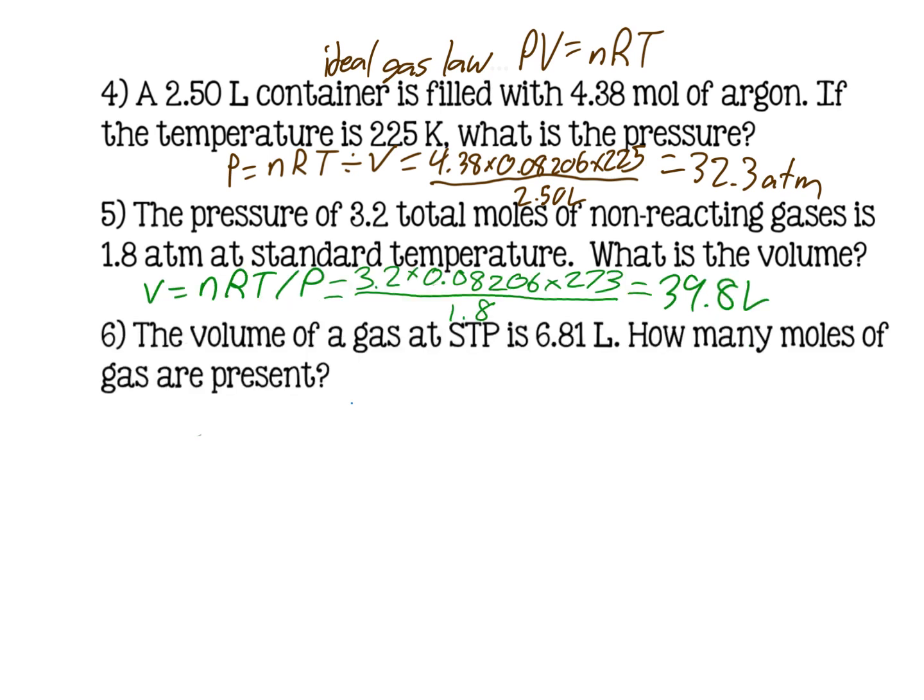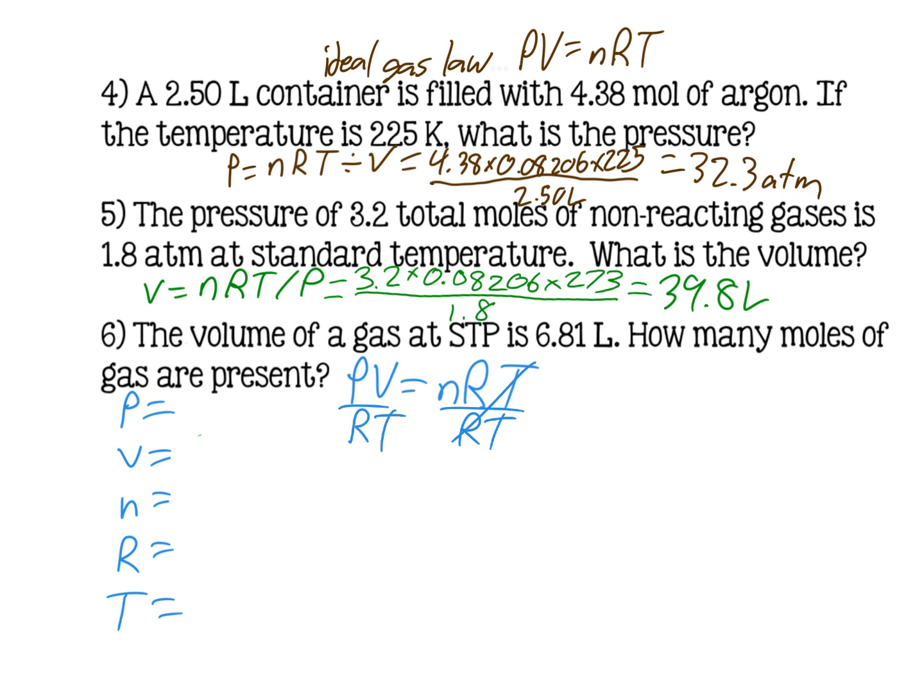Next, let's look at problem 6. The volume of a gas at standard temperature and pressure is 6.81 liters. How many moles of gas are present? Well, first we need to rearrange the ideal gas law, PV equals nRT, to solve for n, the number of moles. In this case, we're going to divide both sides by R and T. So we get n is equal to PV over RT.